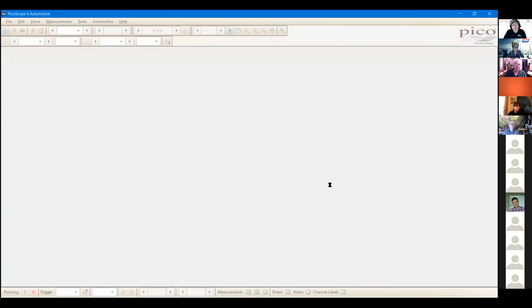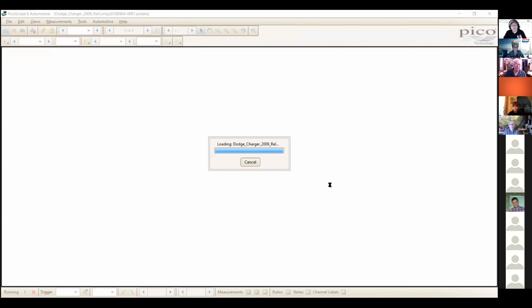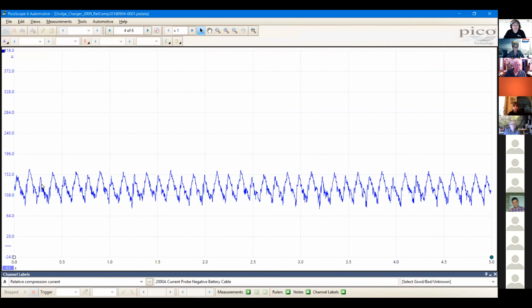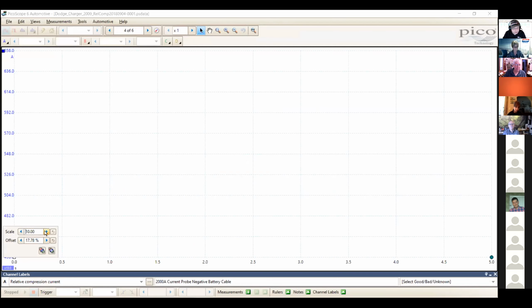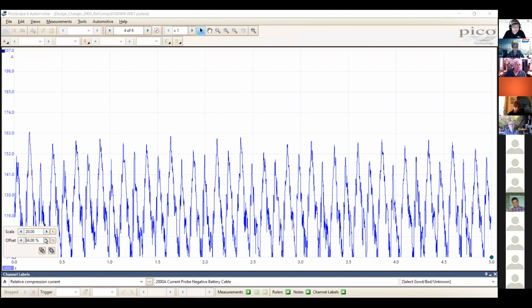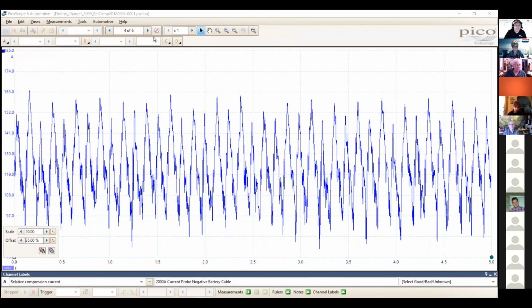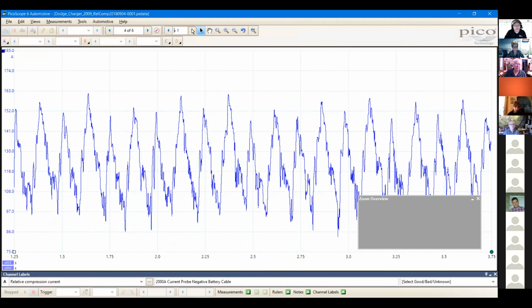And so here's what I'm going to do. And maybe you guys will see this. Maybe you won't. Here is page 4 of my 6 of my cranking relative compression test. I am going to come in here and give this just a wee bit more detail. Let's bring this back up on the screen. As I gave it a little more detail, let's spread this out just a wee bit.